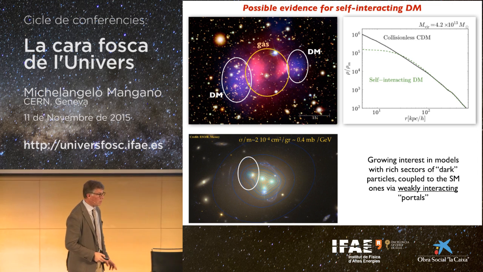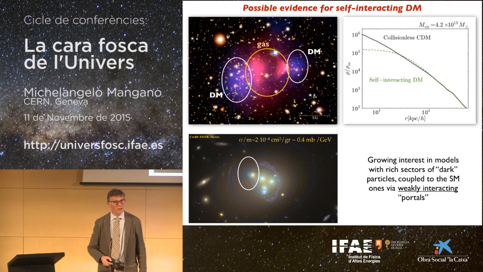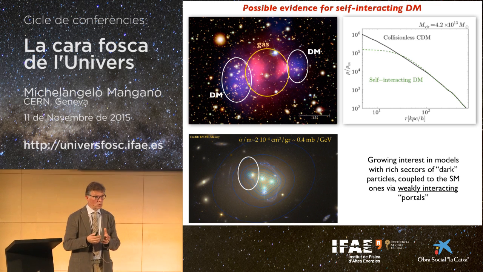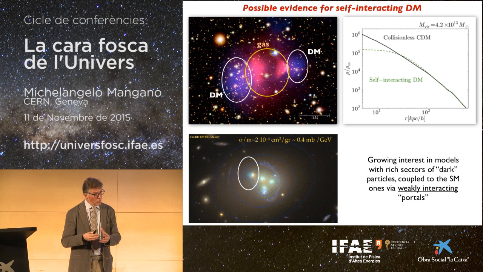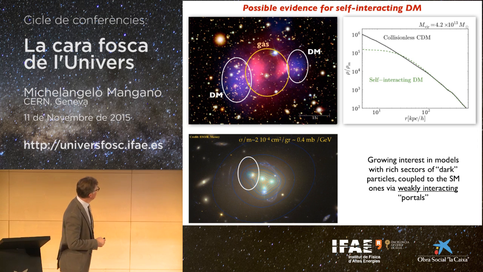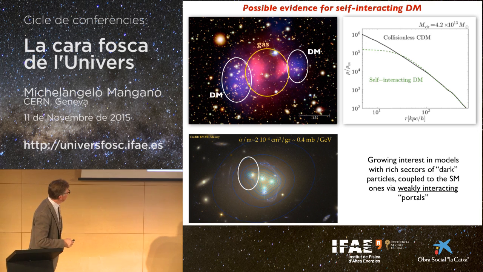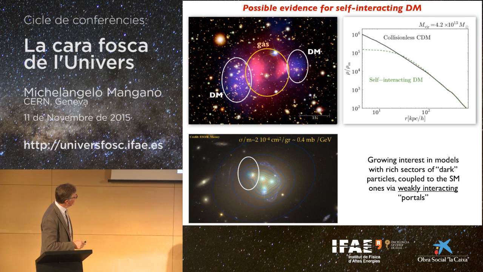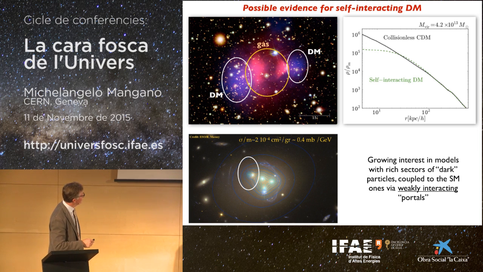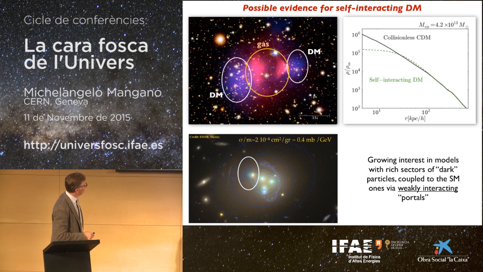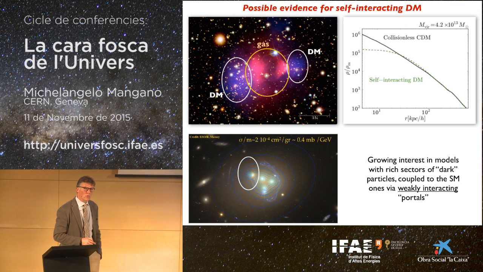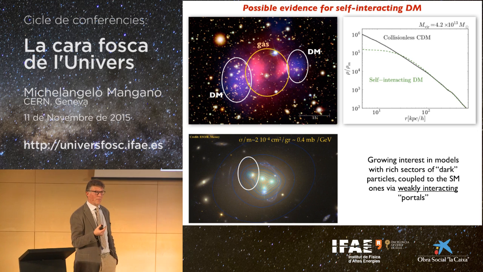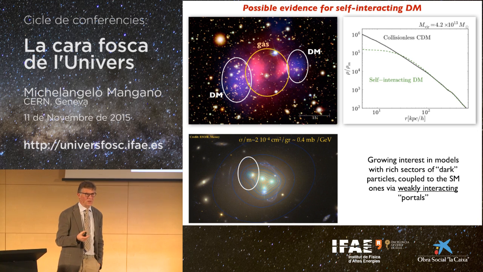There are very recent measurements now, again, of systems where clusters of galaxies collided. There is this one, I don't know how much you can see of it, but there is light, which are galaxies, and there are these blue profiles and contours. They are the contours of density of dark matter. They tell us where the dark matter is.